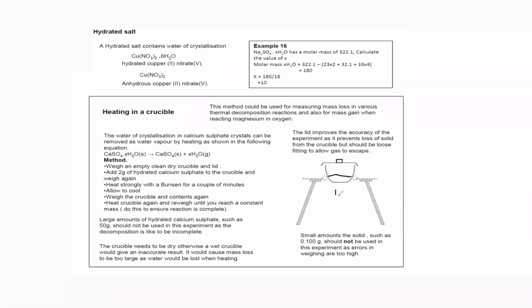and we measure the mass of the crucible. Then we supply heat energy. When we supply heat energy, the water will escape. But how will we know all of the water has escaped? We repeat the procedure. For example, we supply the heat energy, take it out and measure the mass after say 2 minutes.